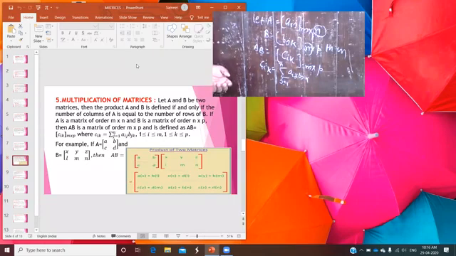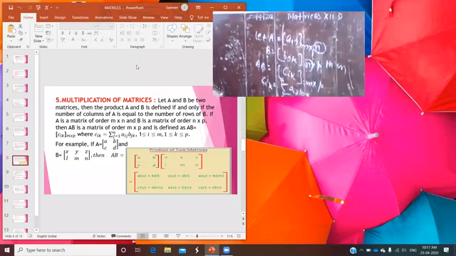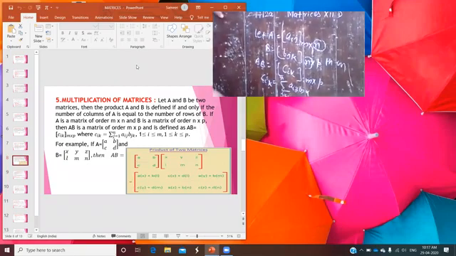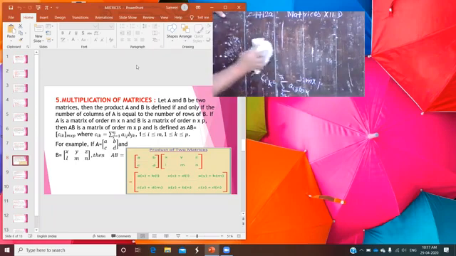In the slide that we showed, the A matrix and B matrix are given, which follow the condition for the product of two matrices, and there I show how the product is obtained. But here we take some other example, just to understand how the multiplication of two matrices is obtained.